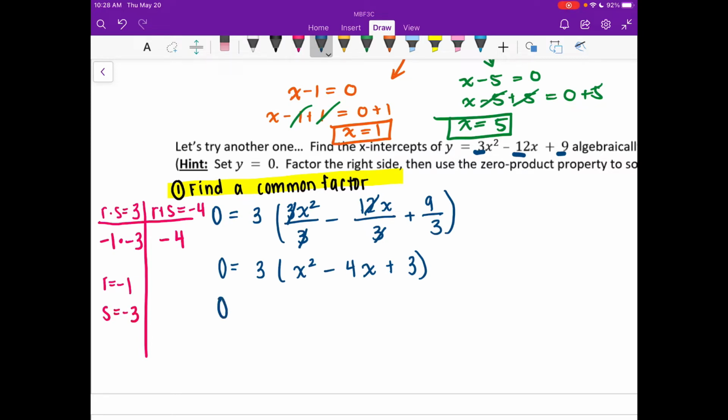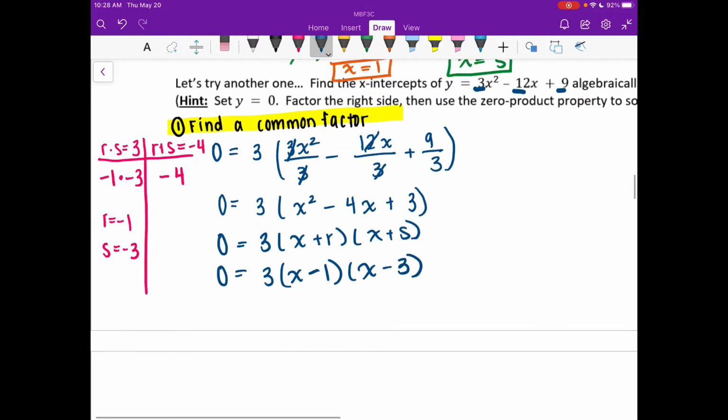So let's go put those in. Let's write it in as 3, x plus R, x plus S. 0 equals 3, x plus minus 1, so it's just going to become minus 1, x minus 3.